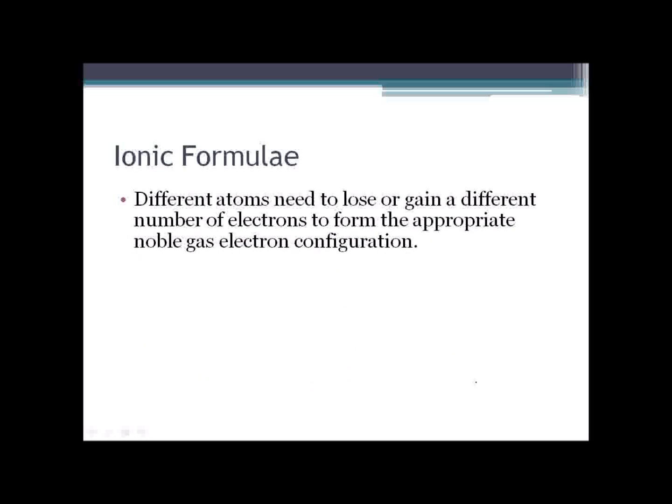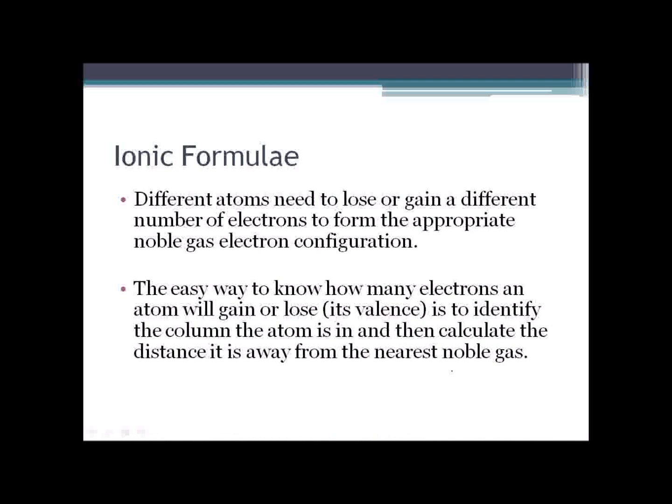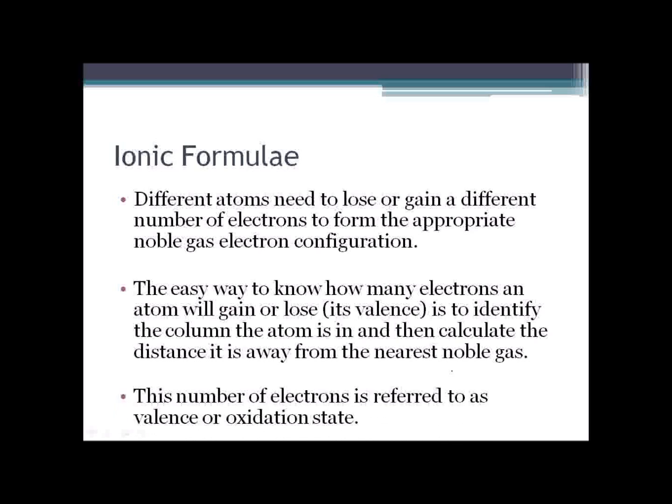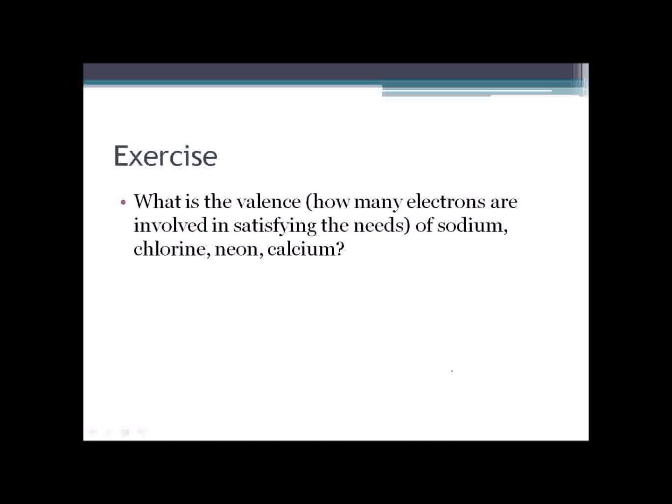Alright, now somehow you've got to write down the formulae for ionic compounds. To me, the easiest way to do it is just to ask yourself what the valence of the compound is. So, first of all, we better just think about how you work out valencies. Well, let's just look at this example here.